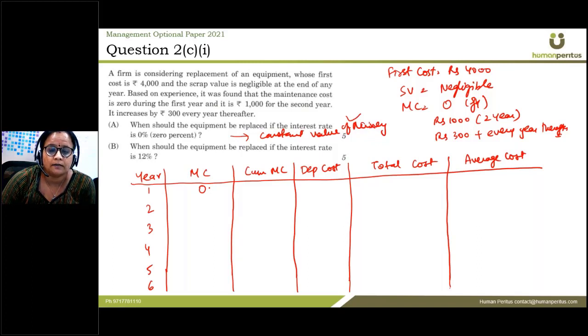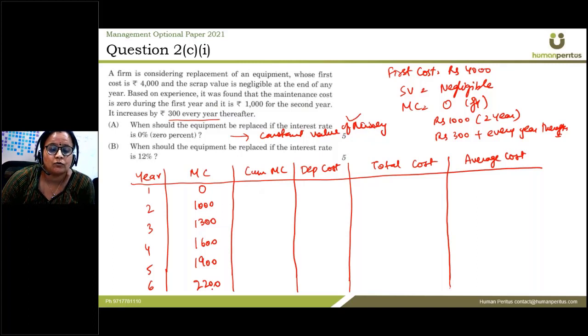Then it's given that for the second year maintenance cost is rupees 1,000, so I'll be writing 1,000, and it increases by rupees 300 every year thereafter. So we keep on adding rupees 300 for each succeeding year. So 1300, 1300 plus 300 is 1600, 1600 plus 300 is 1900, 1900 plus 300 is 2200.